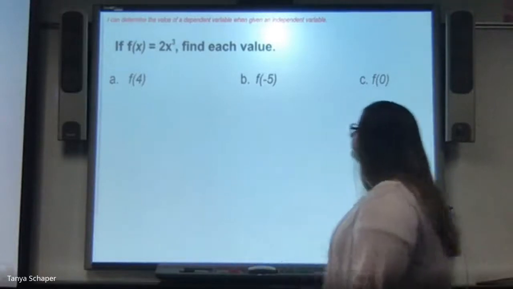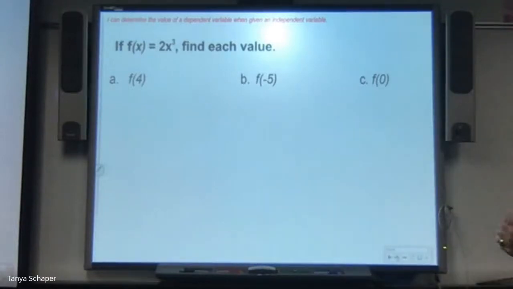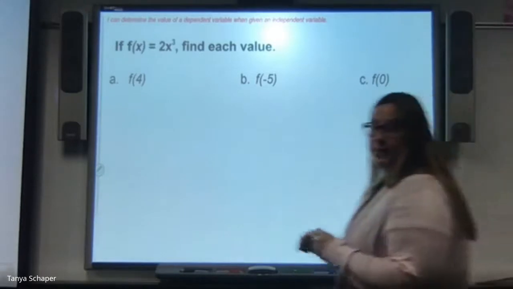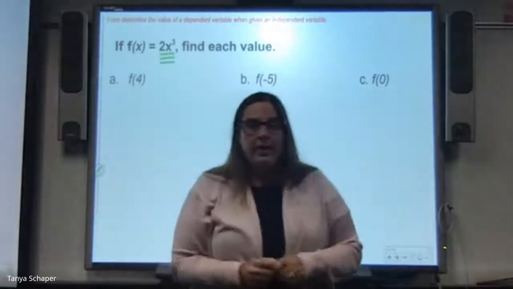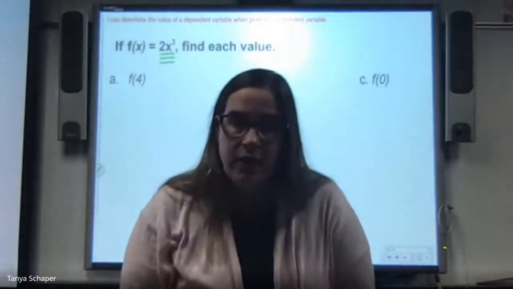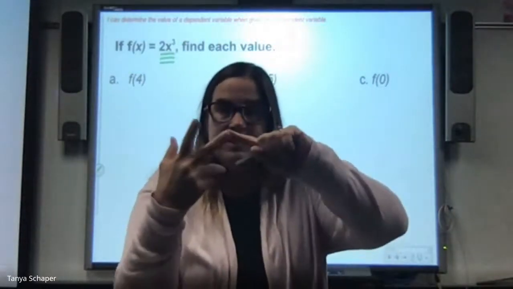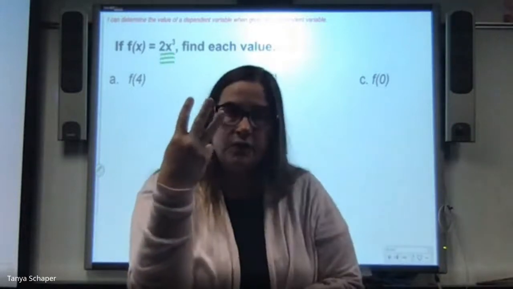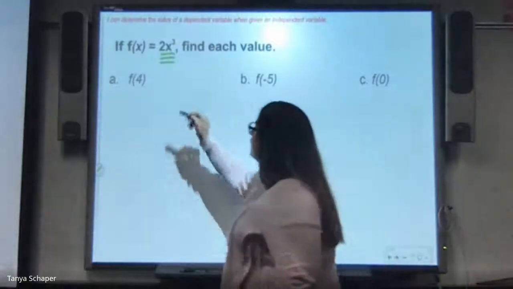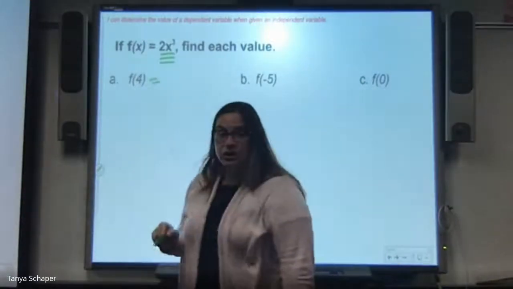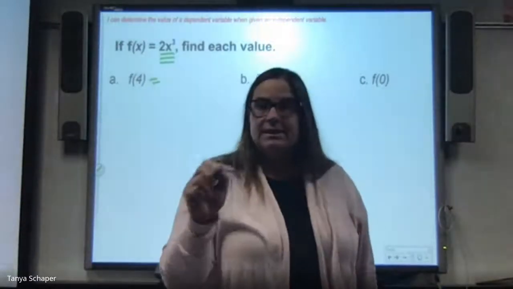Not quite yet. Okay, so here's another one. What looks a little bit different is that we have x to the 3rd power. And what that means is we're going to take whatever the value of x is and take it times itself times itself. We're going to use that factor 3 times. So we want to find the value of the function when x is 4.